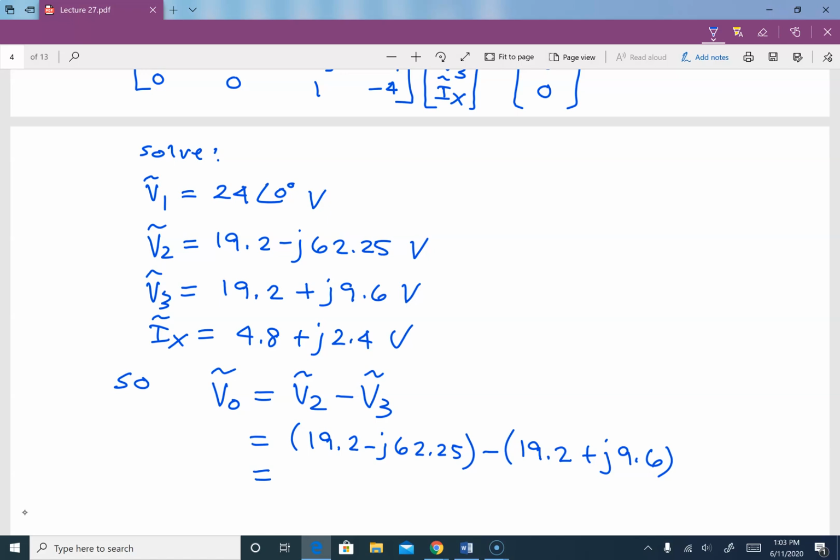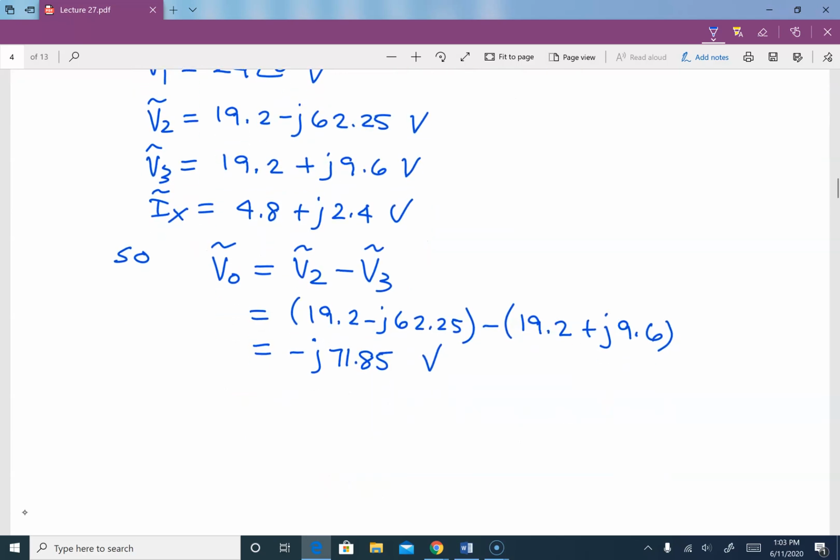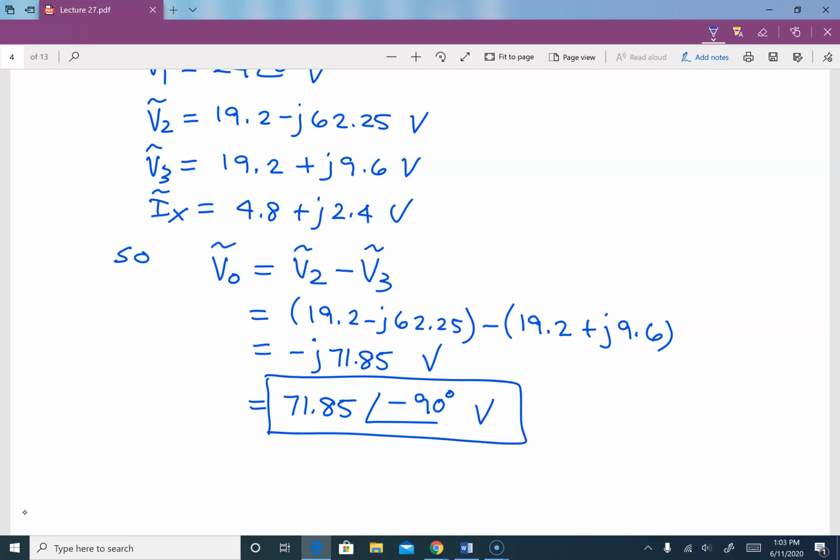And the answer here is negative J 71.85 volts. However, this is in rectangular form, so it doesn't have a real part, only imaginary part. So the negative J is really negative 90 degrees. So we can convert that rectangular form quantity to a polar form, and that will be 71.85 with angle negative 90 degrees volts. And this is what our V naught is.